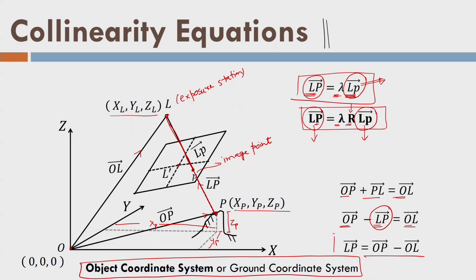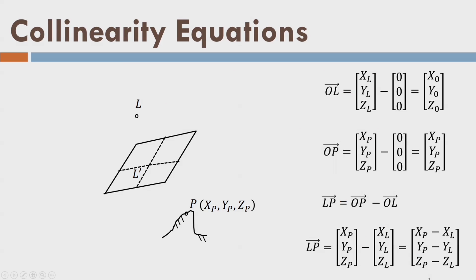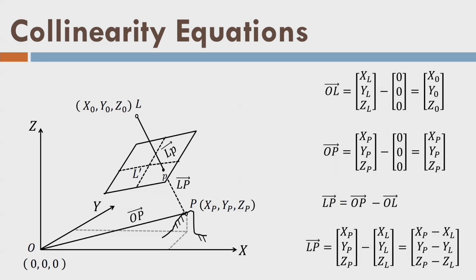Now let us look into OL. OL is the coordinate of L minus the coordinate of the origin O. So I get XL, YL, ZL. Similarly, I have vector OP. OP means the coordinate of P minus the coordinate of the origin. So I can write here XP, YP, ZP. Now I can write LP, which is OP minus OL, like this.